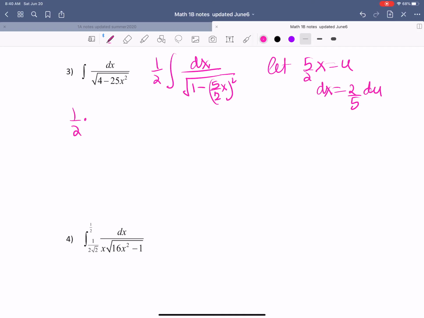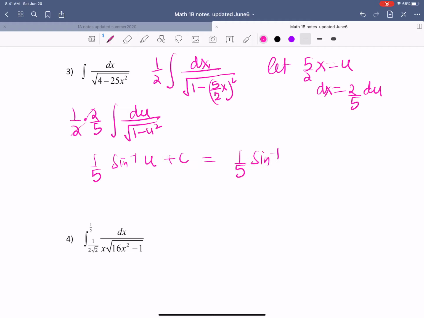So we have 1/2 times 2/5 du divided by the square root of 1 minus u squared, which is 1/5 sine inverse of u plus c, which is 1/5 sine inverse of 5 over 2x plus c.